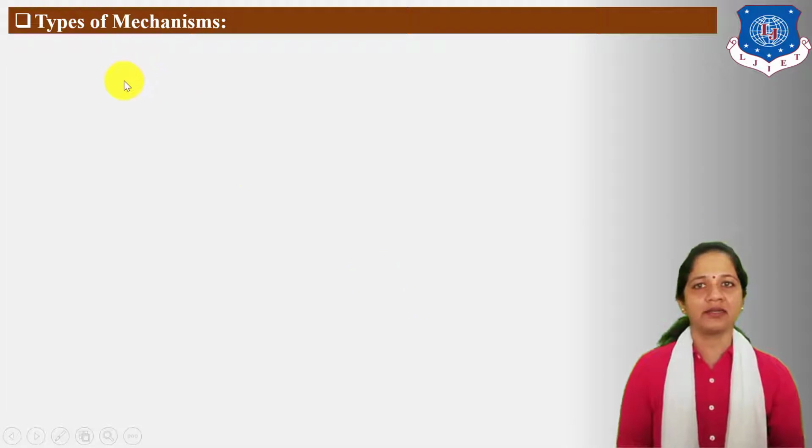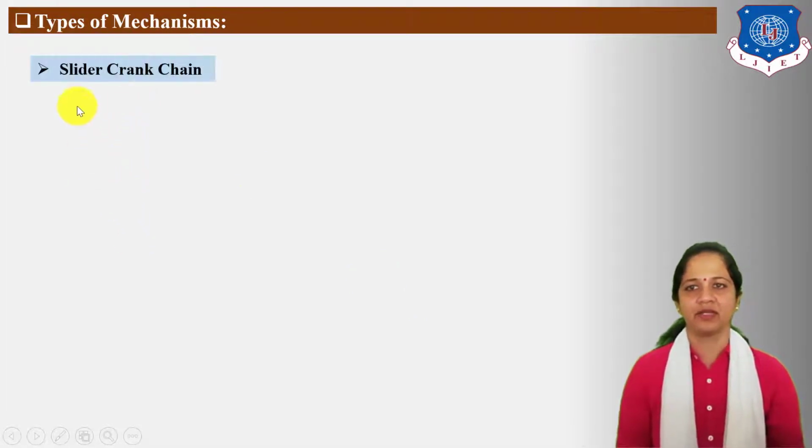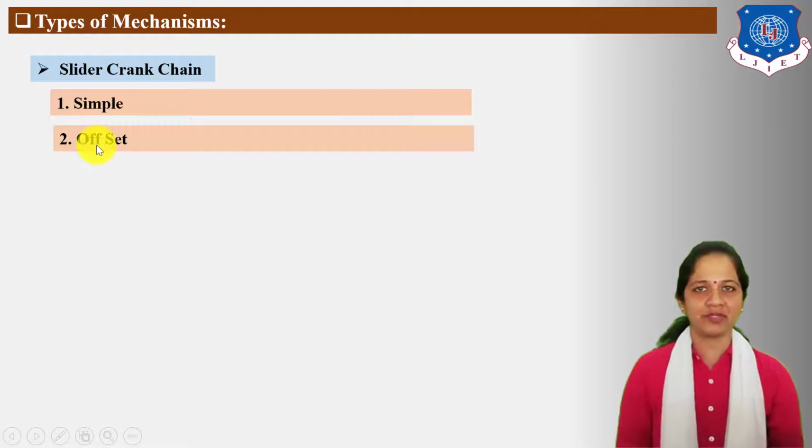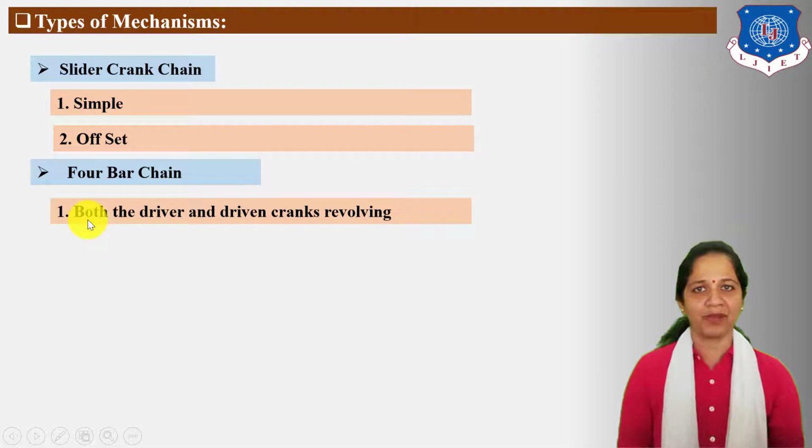Next, let us understand types of mechanism. First mechanism is slider crank chain. There are two types of slider crank chain: one is simple and the second is offset. Next, 4-bar chain. First part of the 4-bar chain mechanism is one in which both the driver and driven cranks revolve.